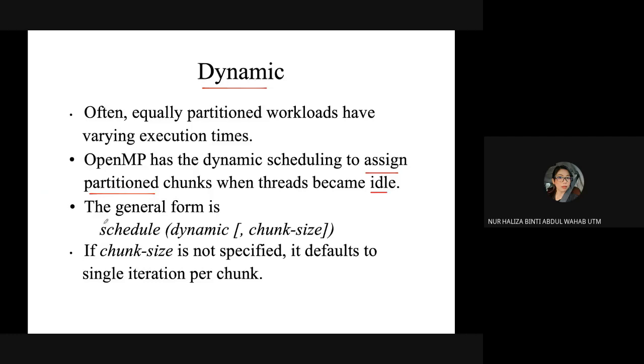The general form of dynamic is schedule, dynamic, chunk size. If you don't specify the chunk size, it defaults to a single iteration per chunk. How many chunks you're going to use and so on is not specified.